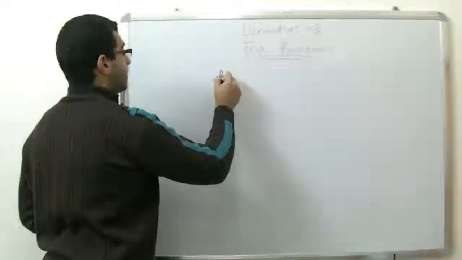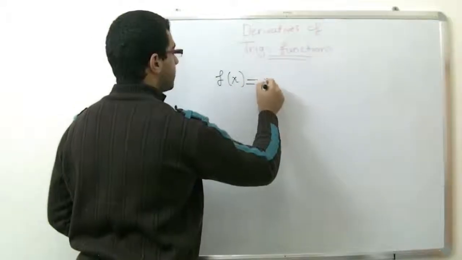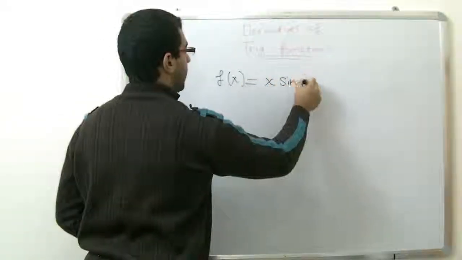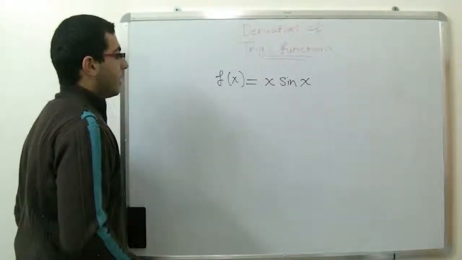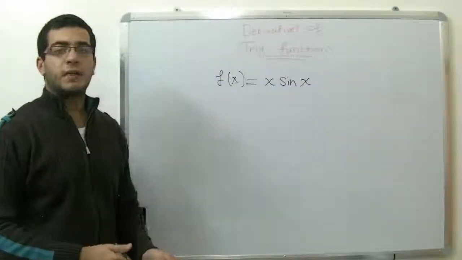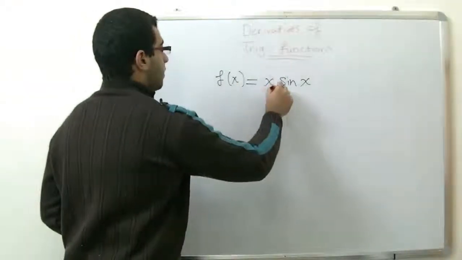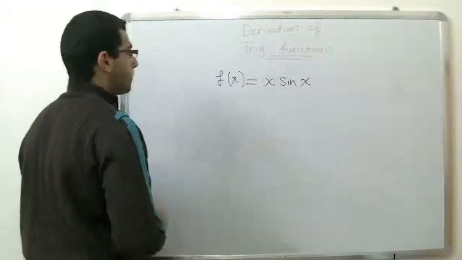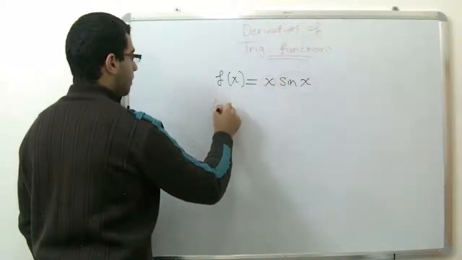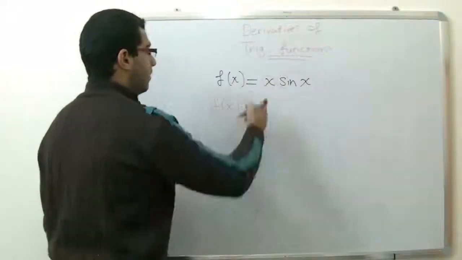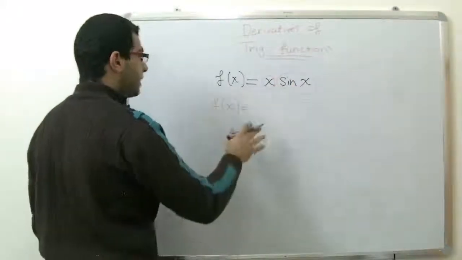If we have f x equals x sine x, here we must apply the rules of the derivative that we mentioned in the last videos. Those are multiplied by each other. So what we will do is get the derivative of the first and drop the second as it is.